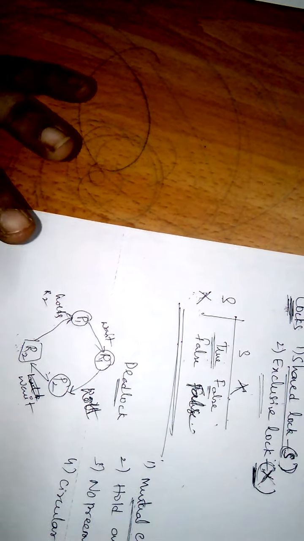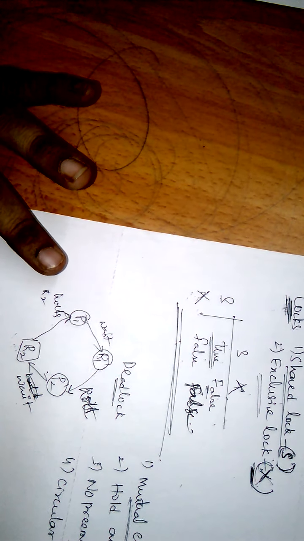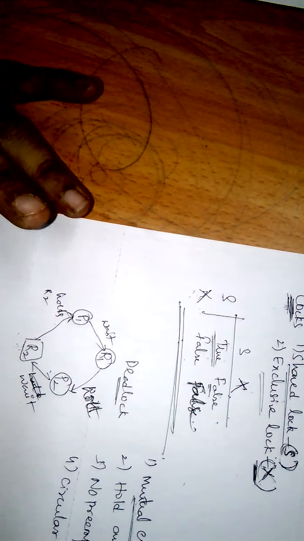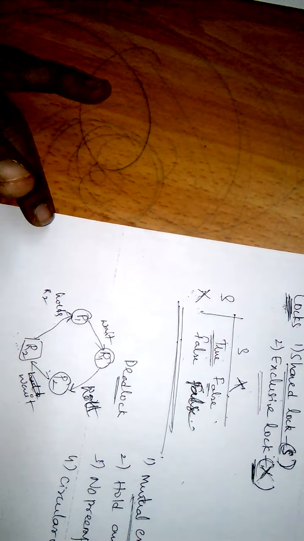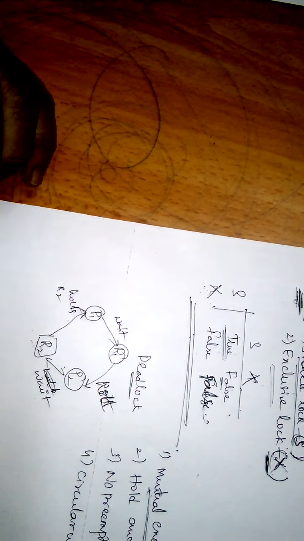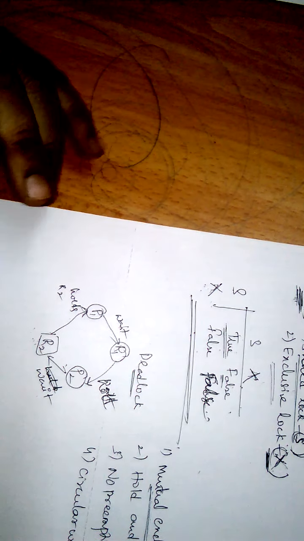When a transaction or process is holding a resource, it should not make a request for another resource, then there may not be a deadlock. If it tries to request other resources which are held by another process, it will create a deadlock. That is hold and wait.